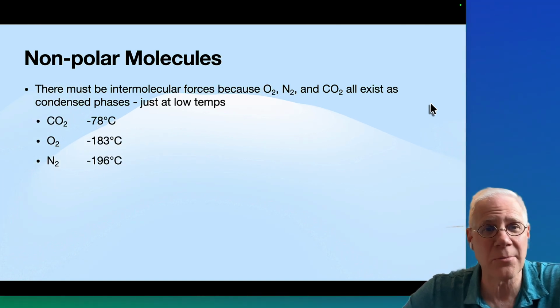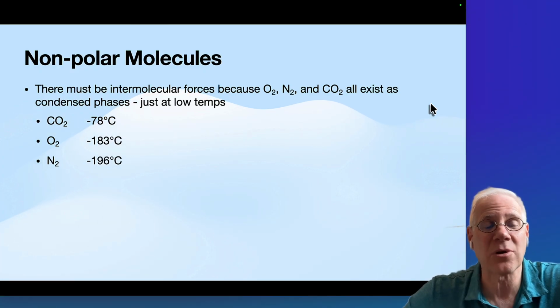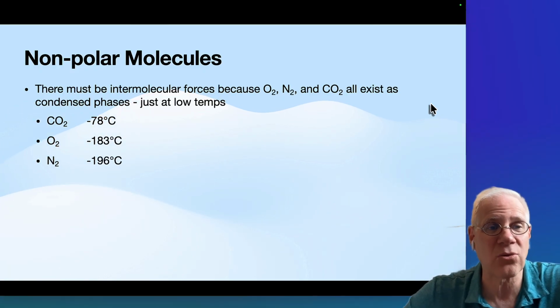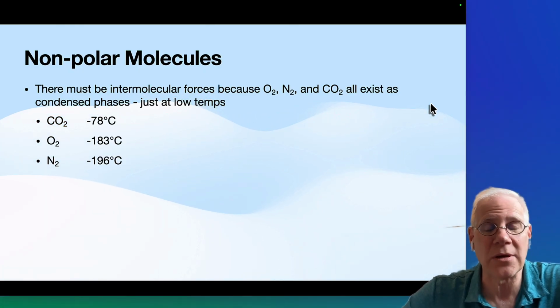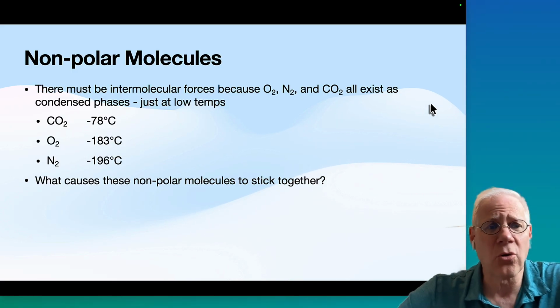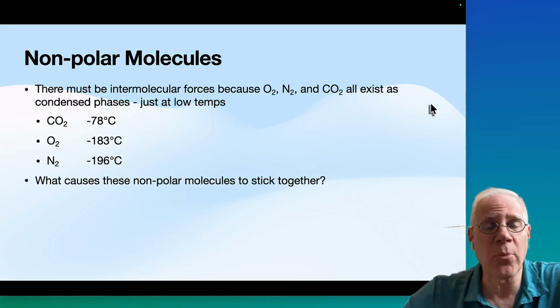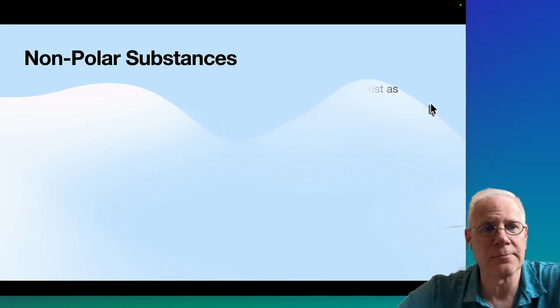Well, how low are those temperatures? Well, they're really low. They're cold. Dry ice forms at minus 78 Celsius. Liquid oxygen goes down to minus 183, and liquid nitrogen has to get cooled down to minus 196. So very cold. So we know that these molecules stick together, but we know that they are nonpolar. So what is causing nonpolar molecules to stick together?